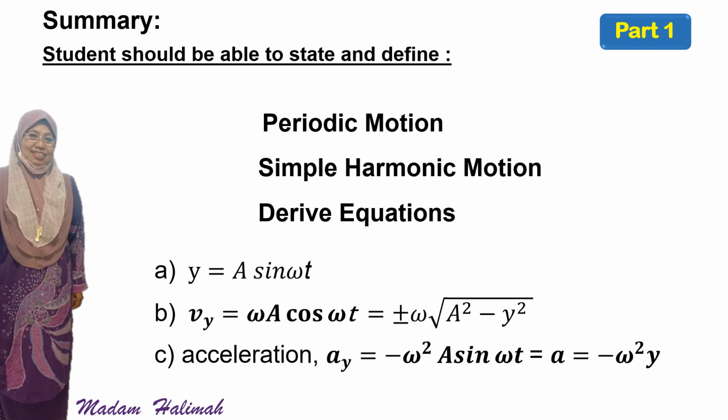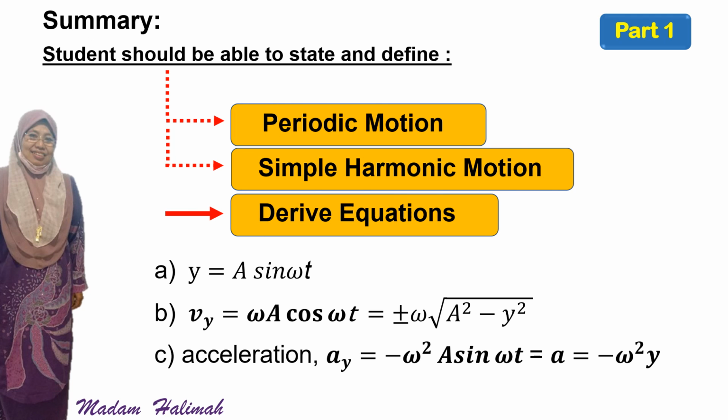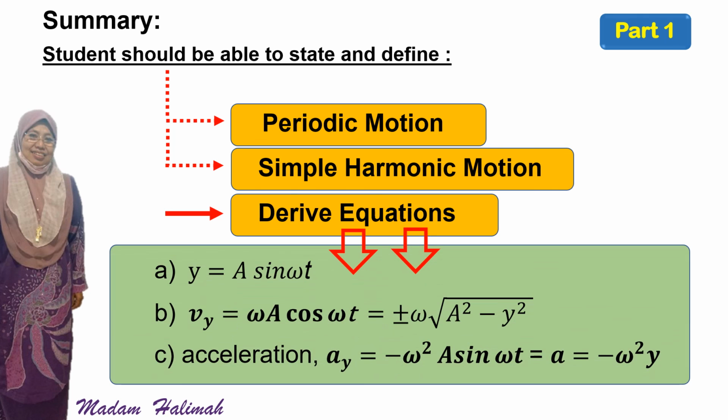Okay, summary. Now, students should be able to state and define what is periodic motion, what is simple harmonic motion, and students can derive equation towards y, displacement y, Vy, and acceleration Ay.